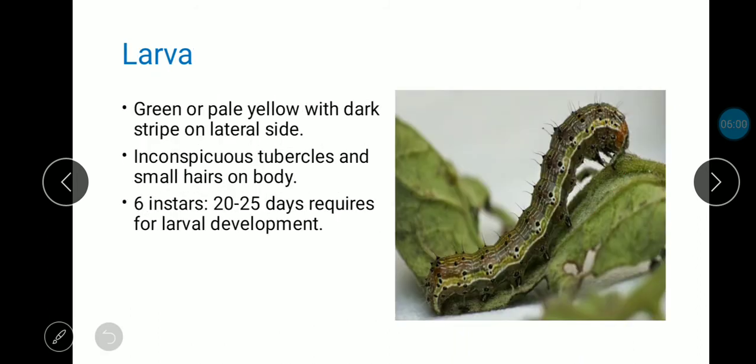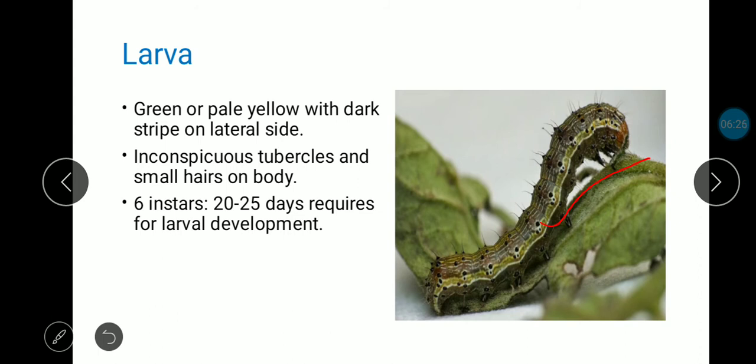This is the larva, green or pale yellow with dark stripes on the lateral side. You can observe in this diagram the stripes, meaning dark lines on the lateral side, and there are 6 instar stages, meaning this larva molts or changes its body cover.